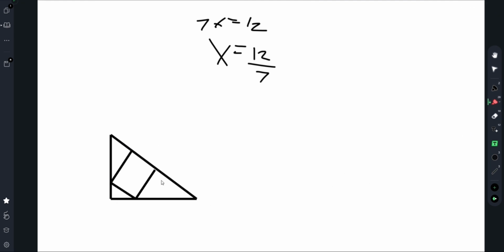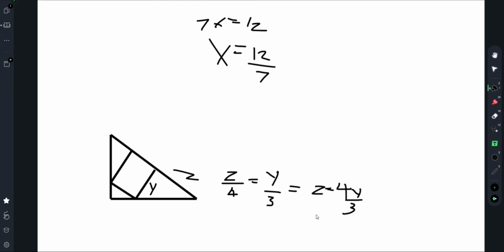So this is obviously similar. So you have, this is y. So let's let this be z. So z over 4 is equal to y over 3. So now we know that z is equal to 4y over 3.